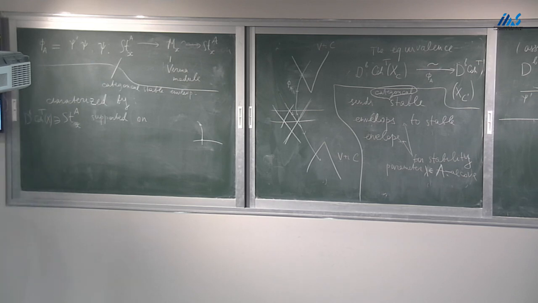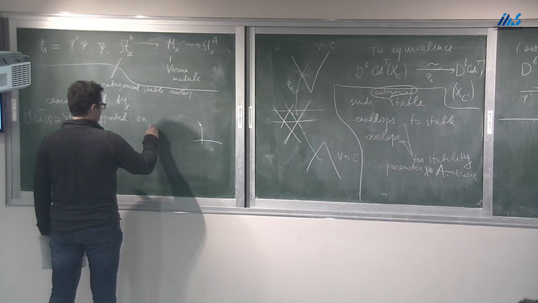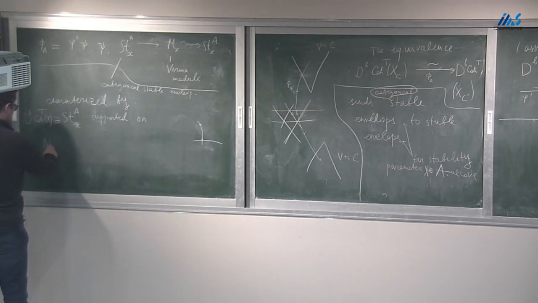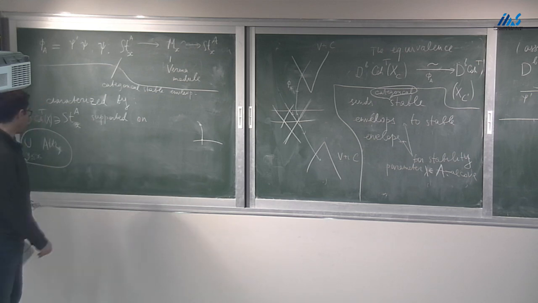Yeah, no, of course, yes. So it's supported on, so for every fixed point, we have the attracting set, and then we can write the union of these attracting sets for all y less or equal than x. And so by definition of this partial order, this is a closed subset, closed Lagrangian subset.